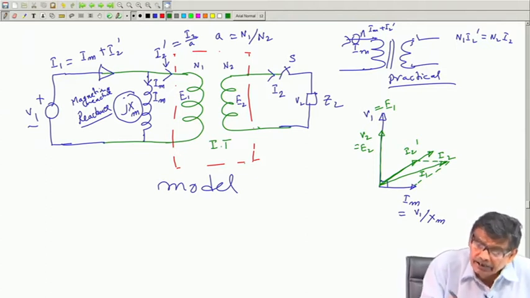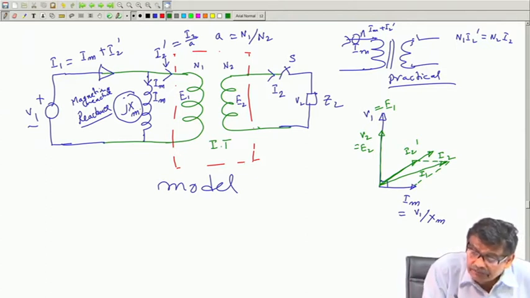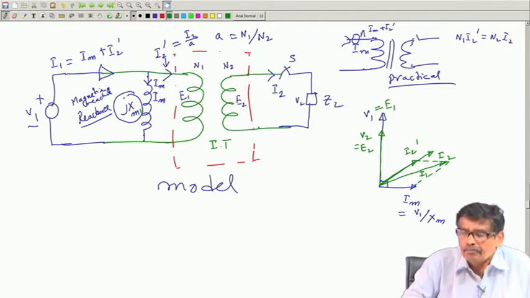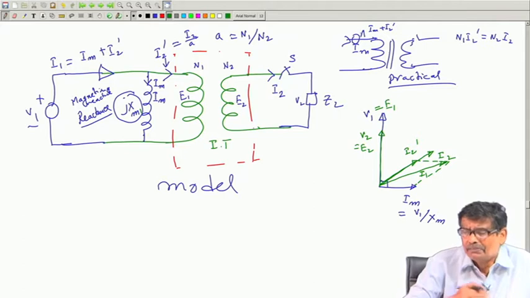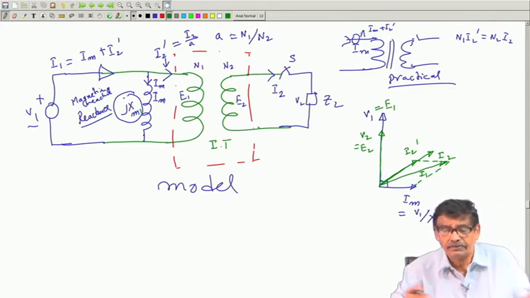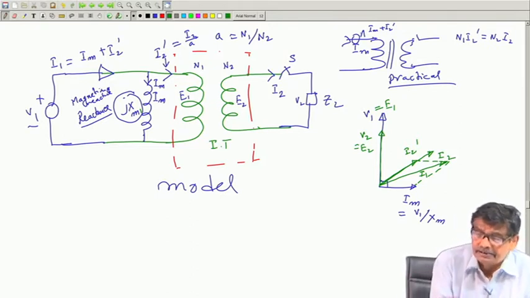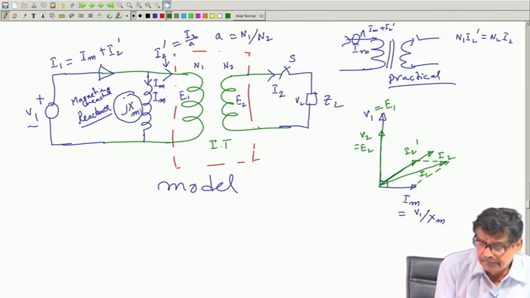If you like, you put JXM 1 on side 1, because we have seen parameter values change from this side to that side and so on. Therefore, what will be the equivalent circuit looking from the primary side?